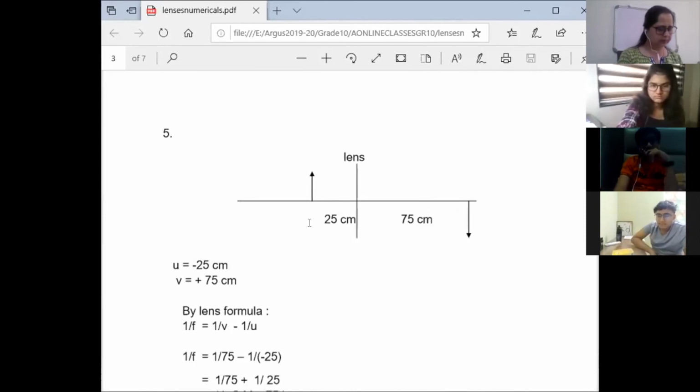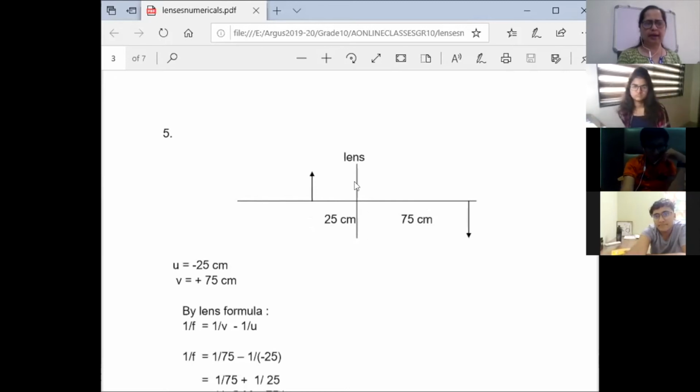So this object is at 100 centimeter from the screen. So that is clear. Now the convex lens is used to form the image of the object placed 75 centimeter from the lens. So from the lens, the image is 75 centimeter. That means the screen has to be here. So this is 75 centimeter.